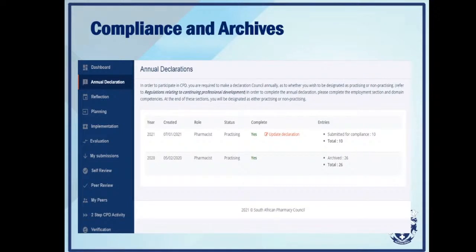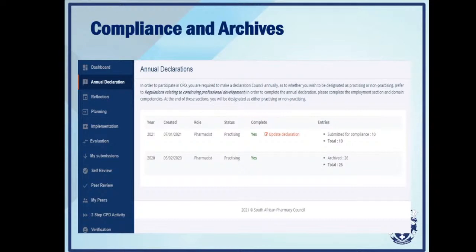For those that did not comply with their requirements by the 31st of December 2020, you are given the grace period, which is ending on the 30th of April 2021. If by then you had only entered 6 CPD entries, we will archive those and count them towards your compliance for the year 2020.